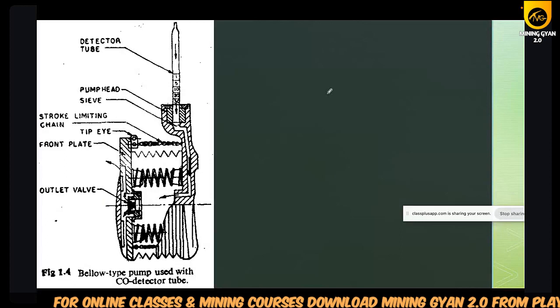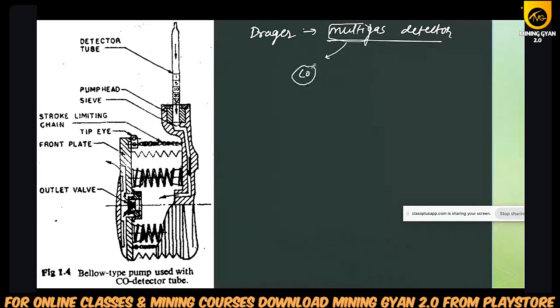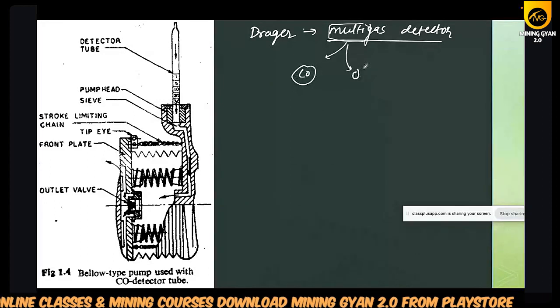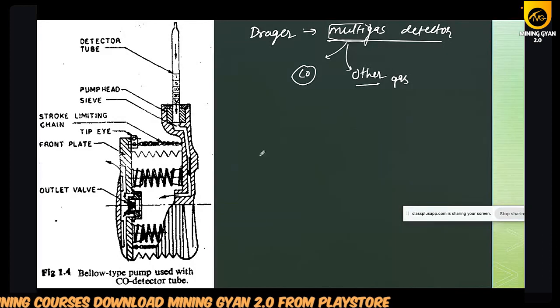Then another will be the Drager multi-gas detector. The multi-gas detector, you can predict that it can detect CO, but at the same time it can also give you other gas information.